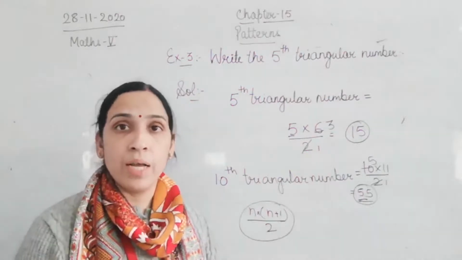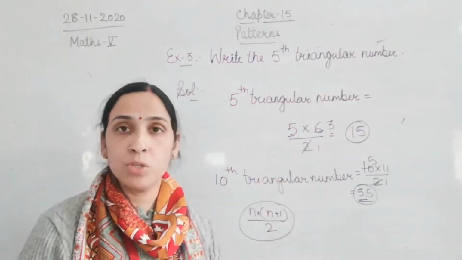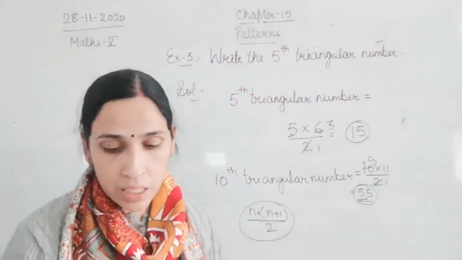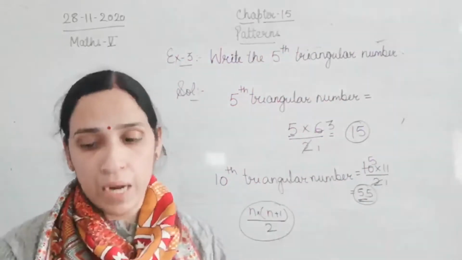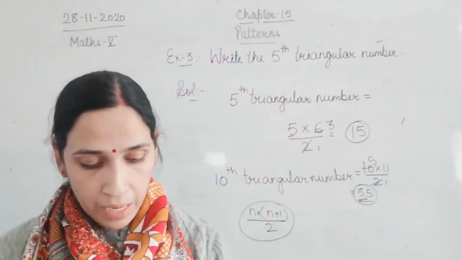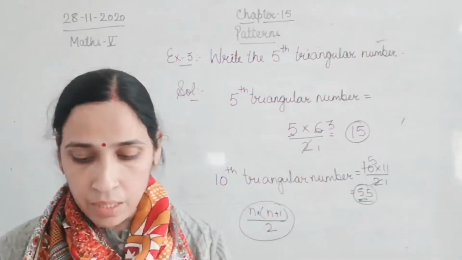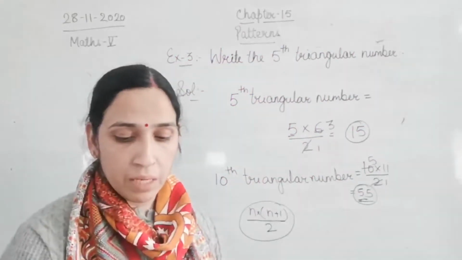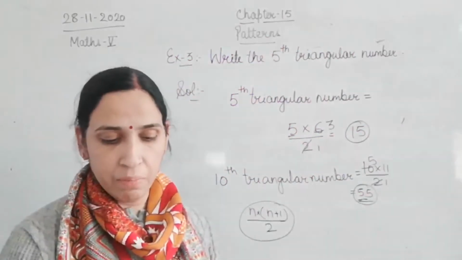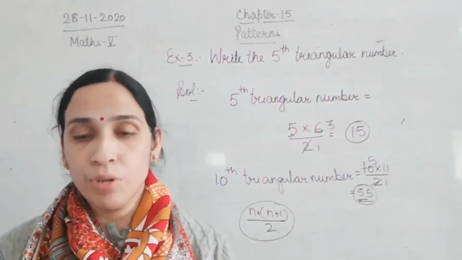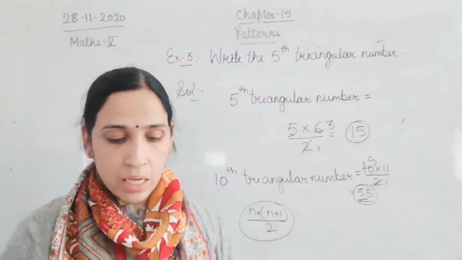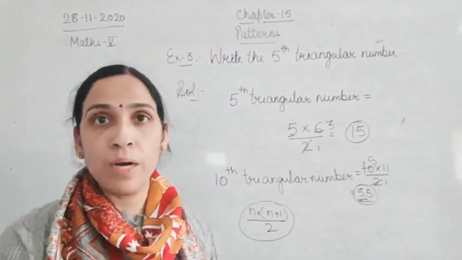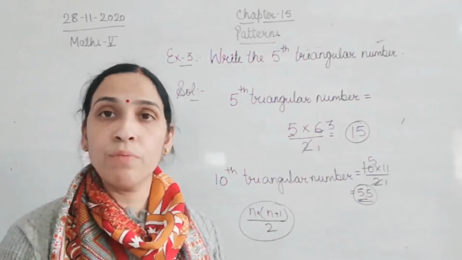Tomorrow we will do exercise 15.2, related to triangular numbers, and see how we can find triangular numbers in patterns, and after that we will come to tiling patterns and different patterns. So here I am going to finish the class. I hope the concepts I have taught are understood by you all. So that's all for today children.